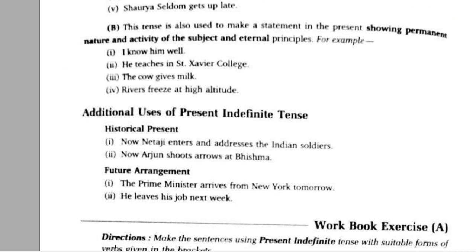Historical present. Now Netaji enters and addresses the Indian soldiers. Now Arjun shoots an arrow at Bhishma. Future arrangement. The Prime Minister arrives in New York. He leaves his job next week.